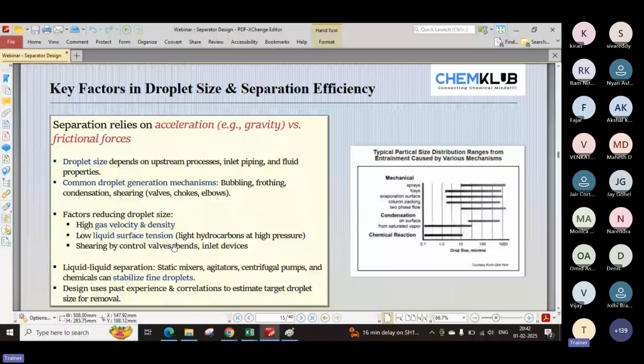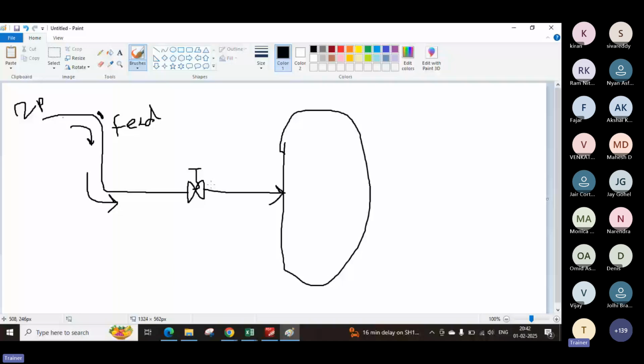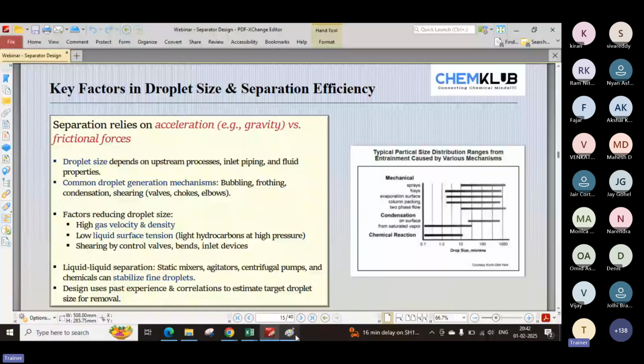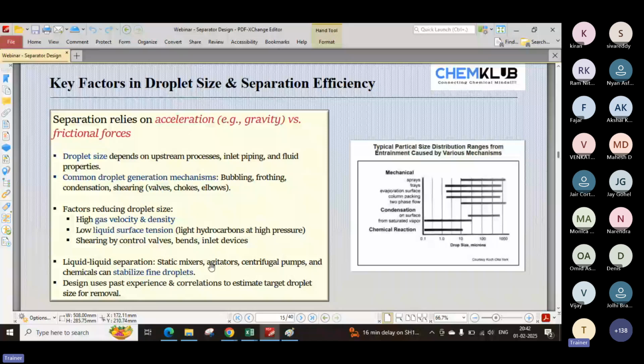Any shearing happening, suppose you have a control valve or any of the valves, and your fluid is passing across it, that will create a shear or a resistance to the flow, and that will change the droplet size. In case of liquid, you generally use agitators or static mixers that will stabilize the fine droplets.